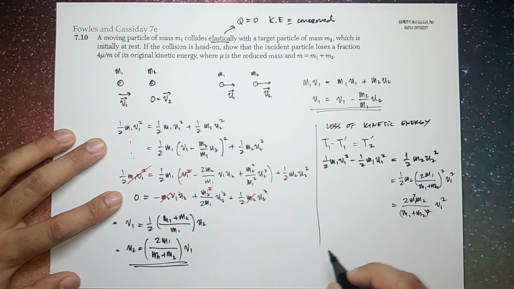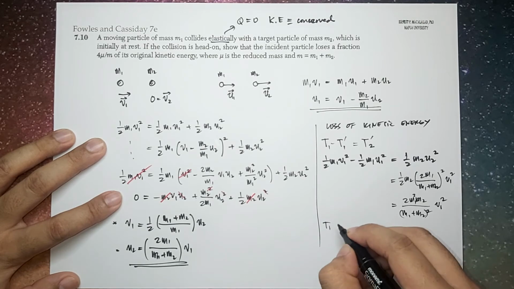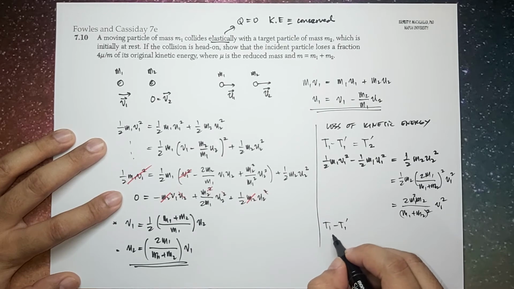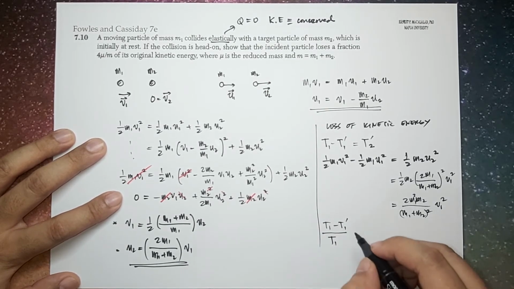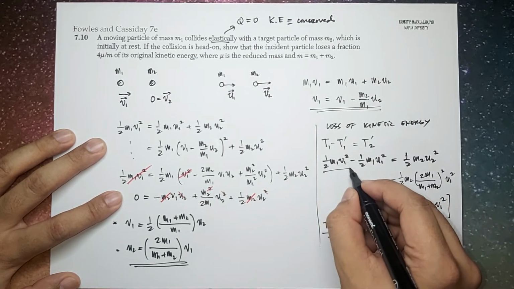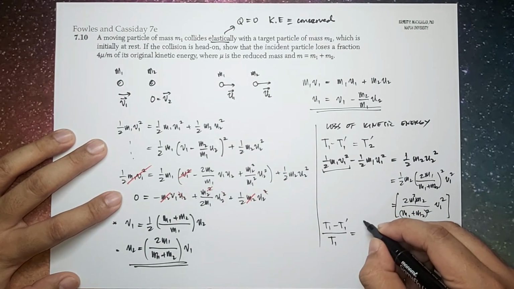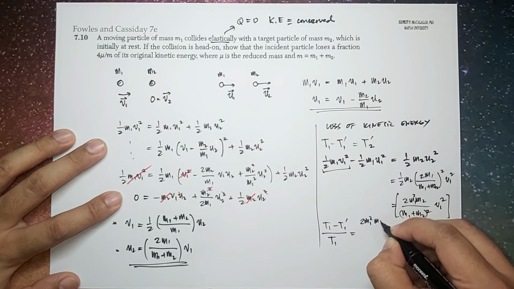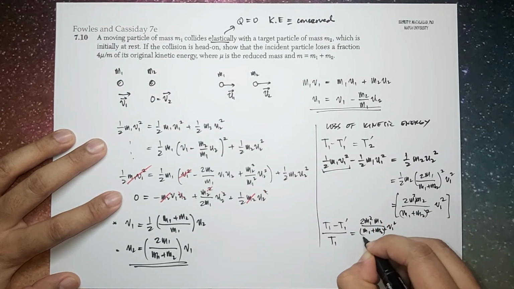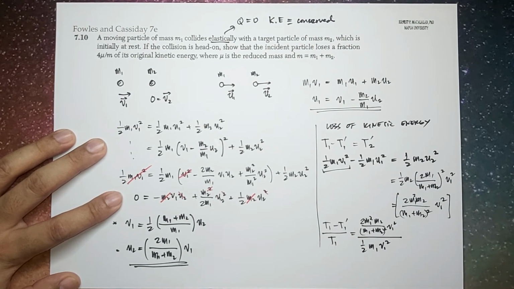Okay, so calculating T1 minus T1 prime divided by T1 will be equal to this term divided by this term. So this is 2 m1 squared m2 over (m1 plus m2) squared v1 squared, divided by 1/2 m1 v1 squared.